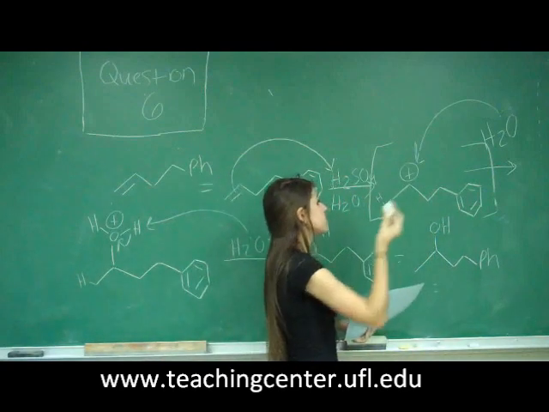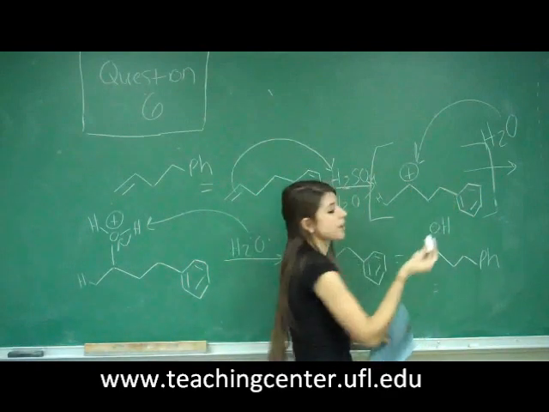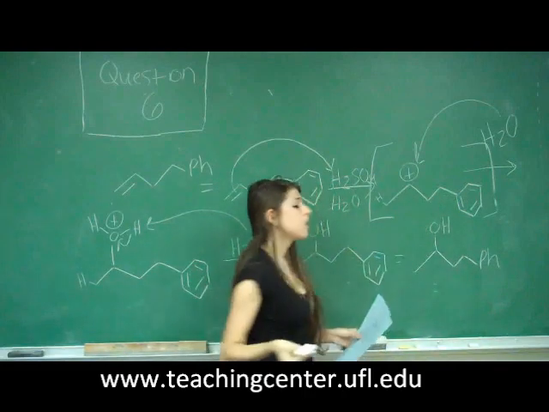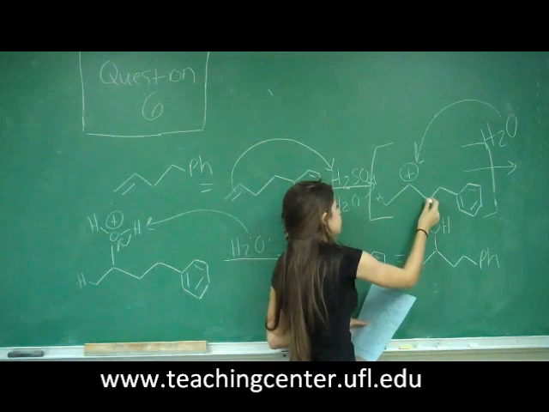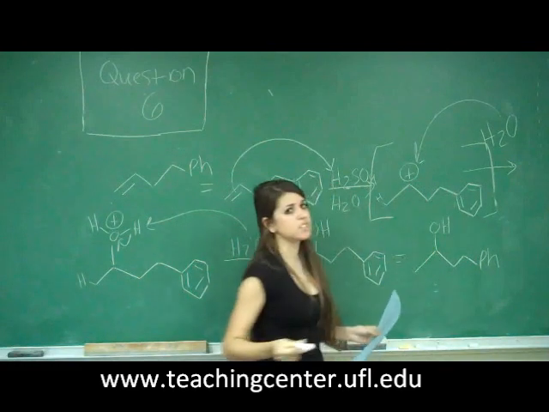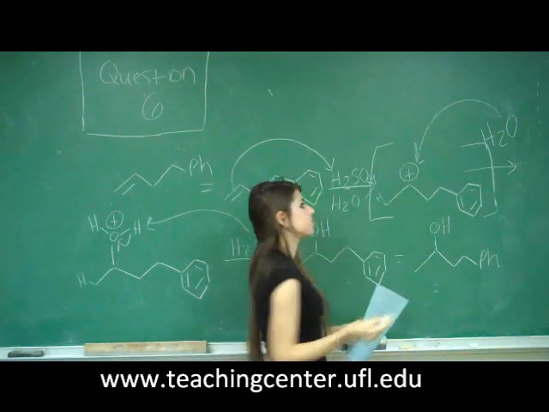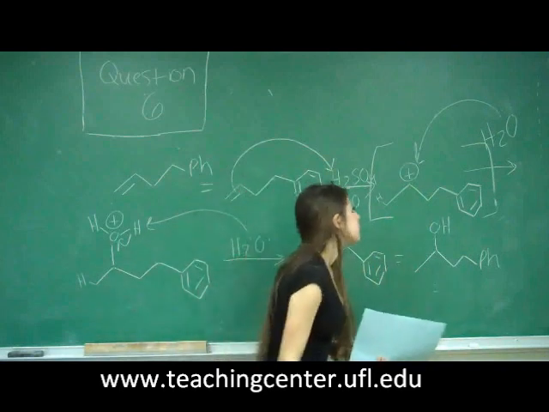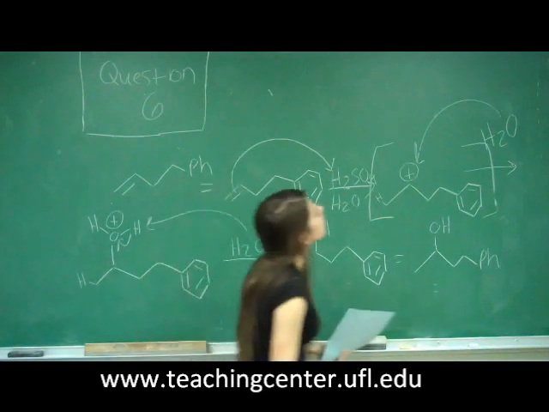So you can't do any shifting right here since you're not directly next to the benzene. This would not be the benzylic position. And if you can't shift to this secondary position and then shift to the benzylic position, it doesn't work like that. You can't shift to the same type of position. So this is where the carbocation is kind of stuck.